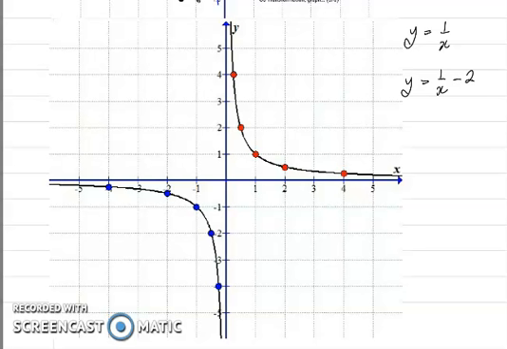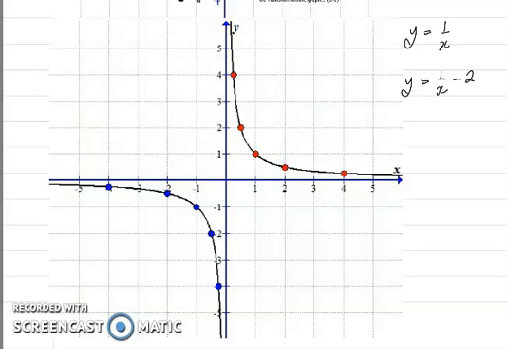We're going to move points. So here on my graph, I have points on this graph. These are the points we used a while ago to draw the graph. When x is a quarter, 4; a half, 2; 1, 1; 2, a half; 4, a quarter. Those are the points we use to draw the graph. And all we're going to do is move all of those points 2 units vertically downwards.